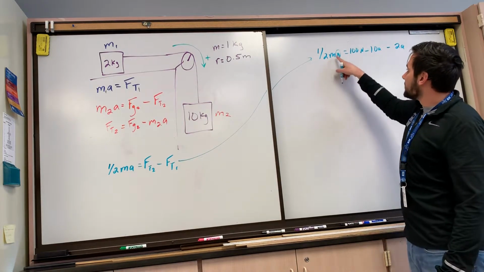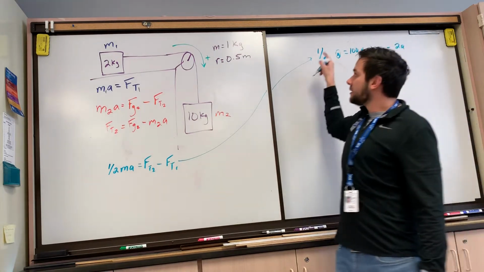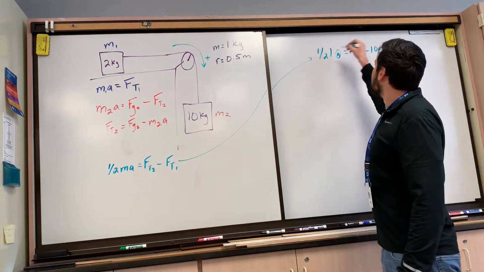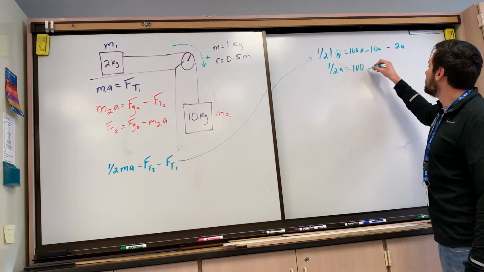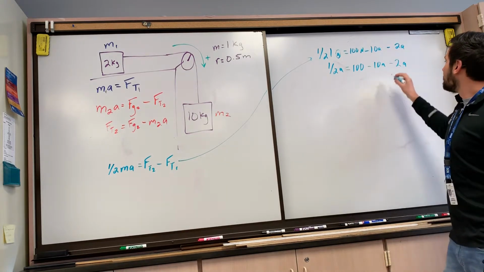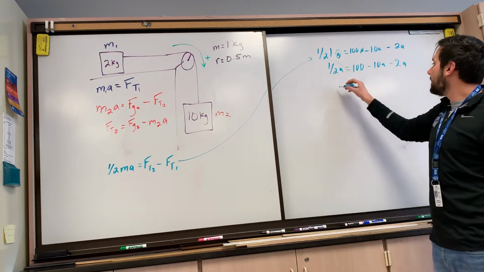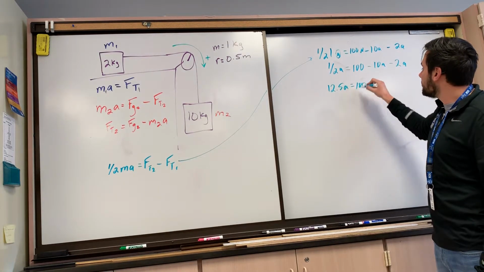This mass is the mass of the pulley, because the pulley was what was spinning, and so that is 1. So it just becomes 1/2 a equals 100 minus 10a minus 2a, which then you add 2a and add 10a, so it becomes 12.5a equals 100.